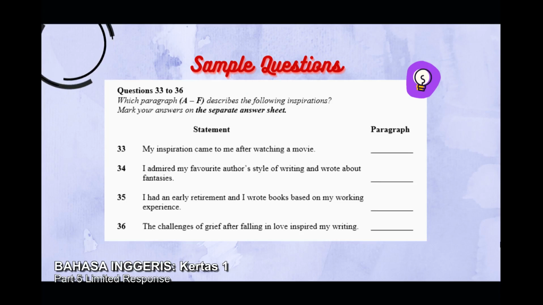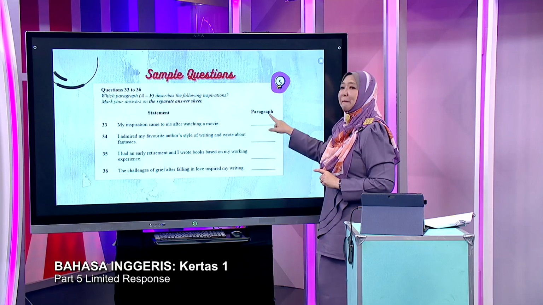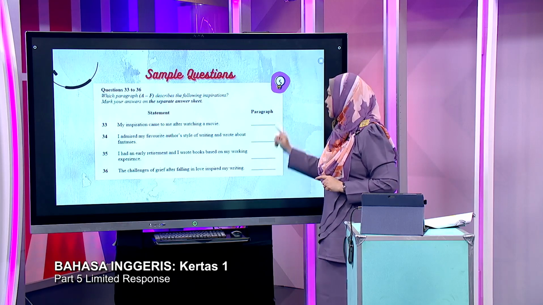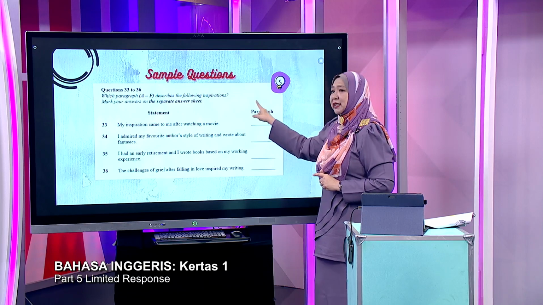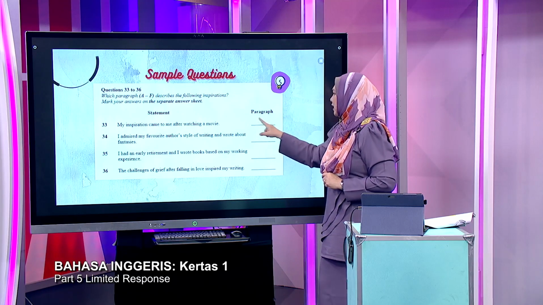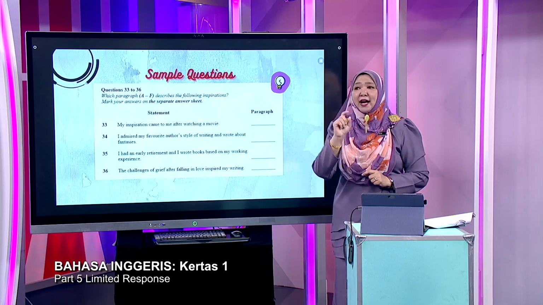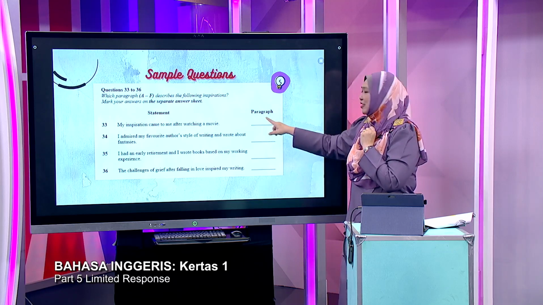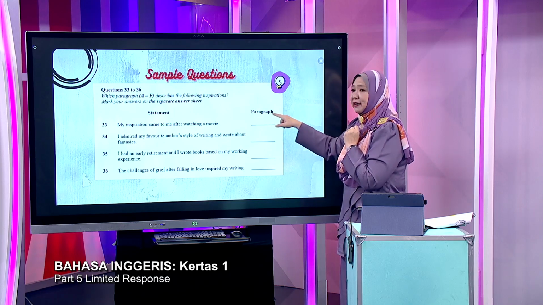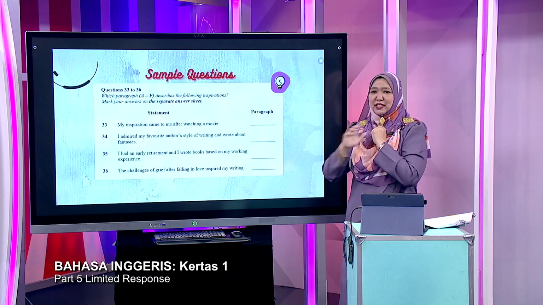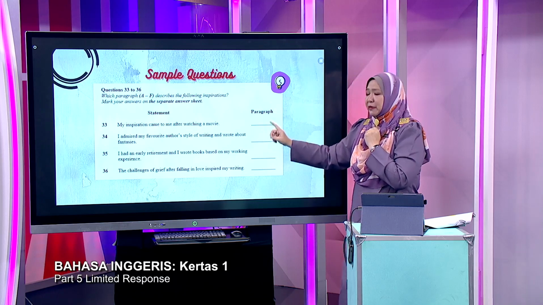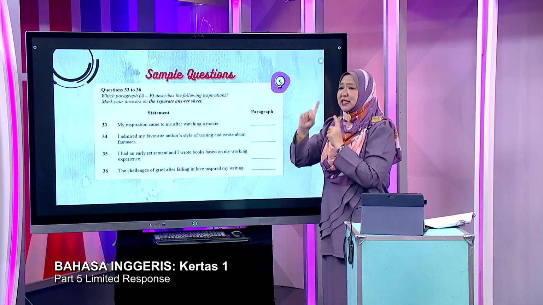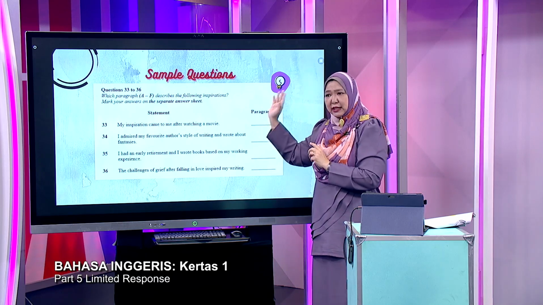So what should you write here? Paragraph, meaning A, B, C, D, E, F, whichever is the answer. It is stated clearly here that you need to give paragraph, not name. Not Martin Clark, not person. So this is paragraph. This is what I mean when we say read the instruction carefully. So this is the first task, 33 to 36.